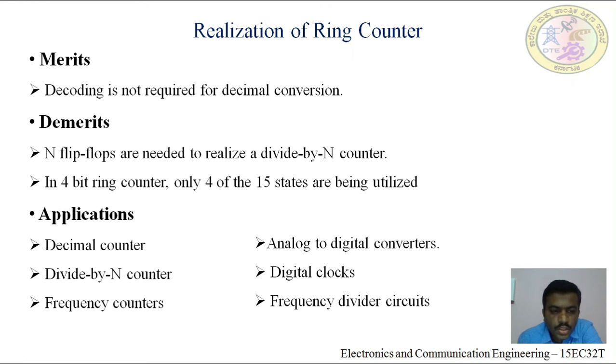And also, in a 4-bit ring counter, only 4 of the 15 different output states will be generated and utilized. Ring counter finds applications in decimal counter, divide by n counter implementation, frequency counters, analog to digital converters, digital clocks, and frequency divider circuits.